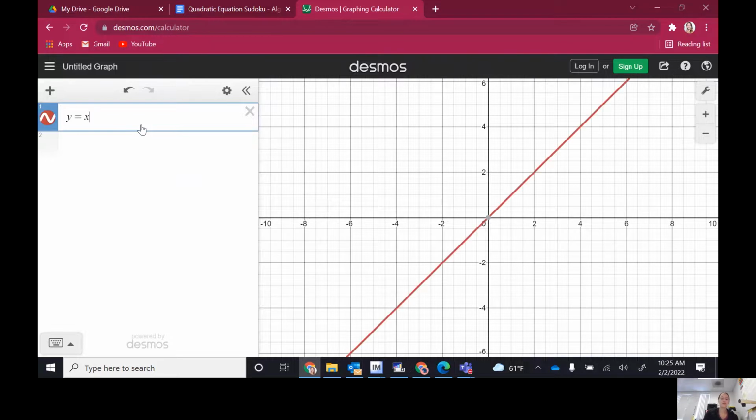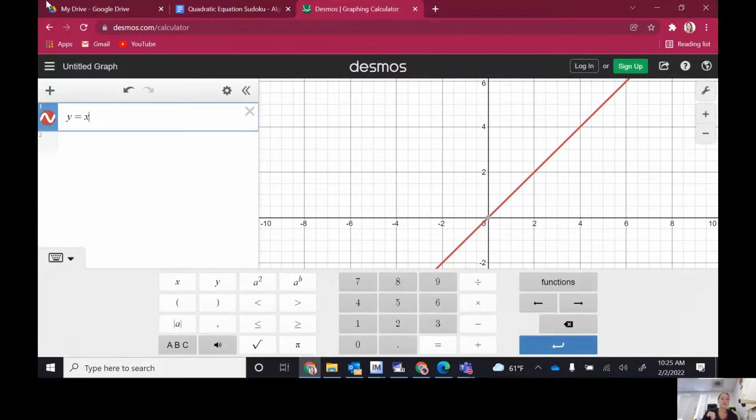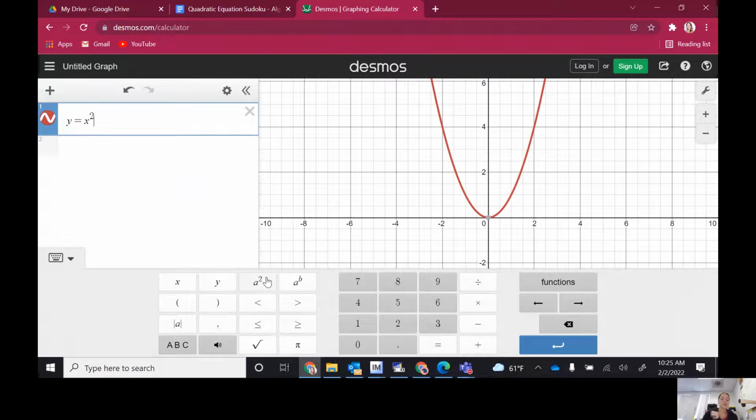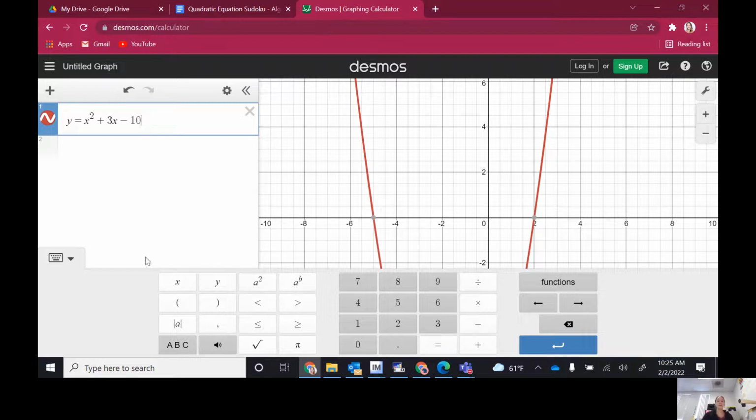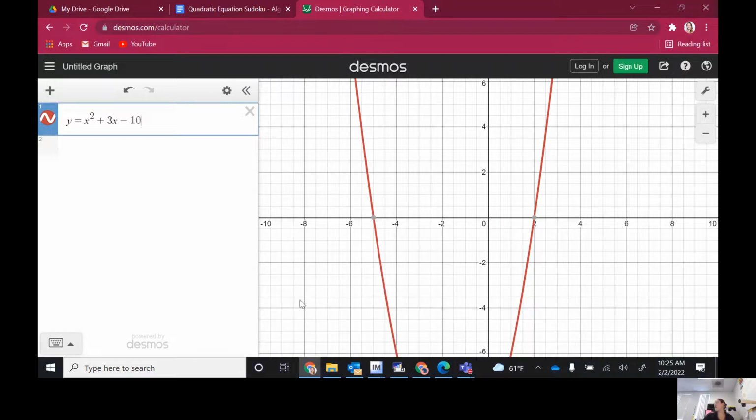Y equals x squared plus 3x minus 10. So that's the graph of the equation we just did. And if you look where it crosses the x-axis, one of them is at -5 and the other one is at +2. And that's exactly the answers we got, so we did it right. Woo!